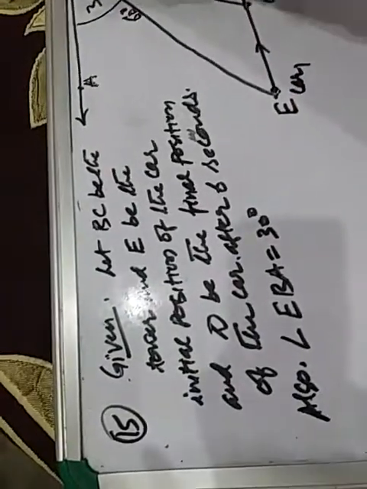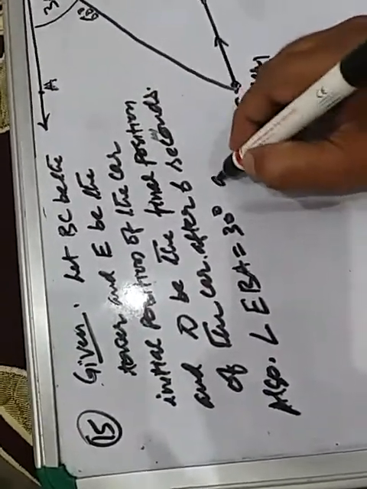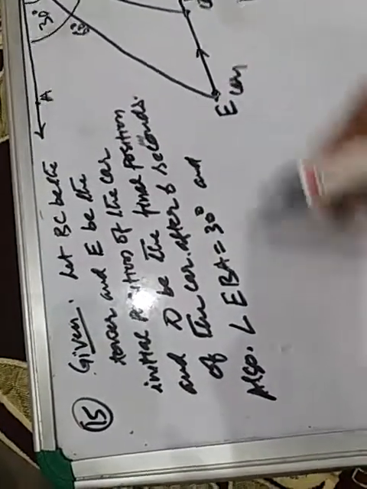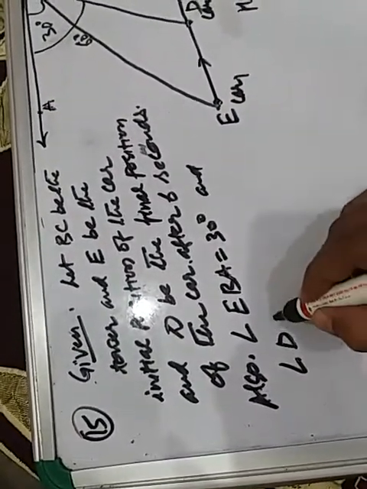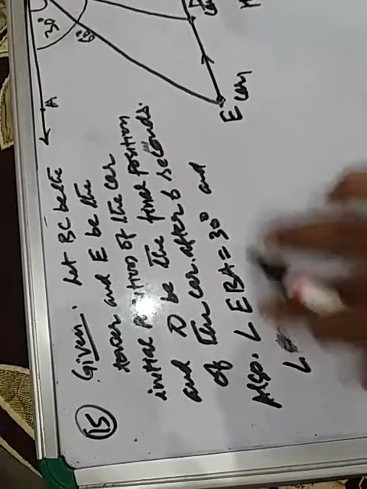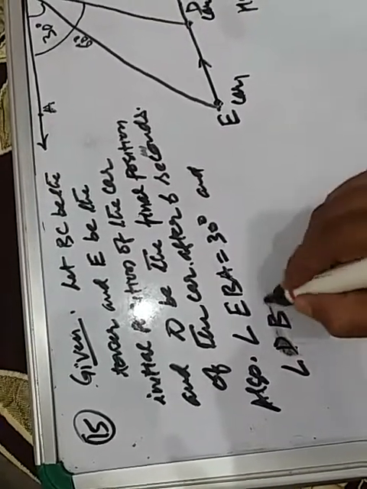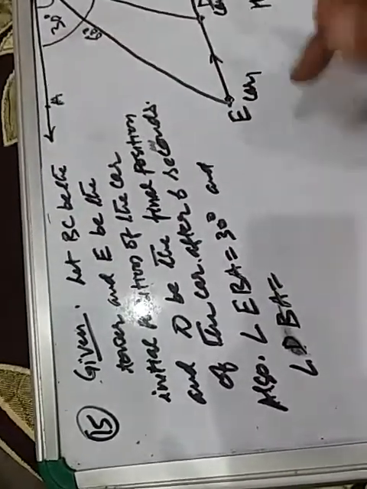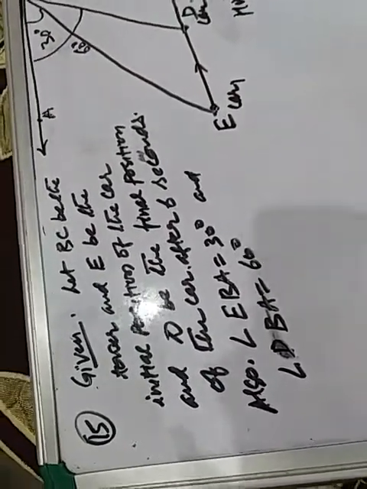Angle EBA equal to 30 degree, and angle DBA equal to 60 degree. Clear? Now what do we have to find out?